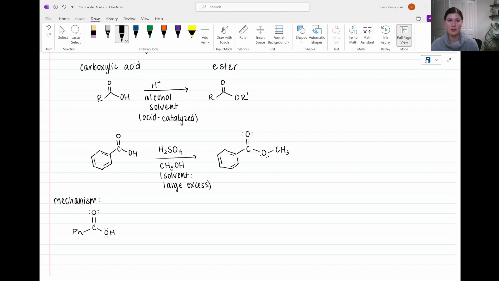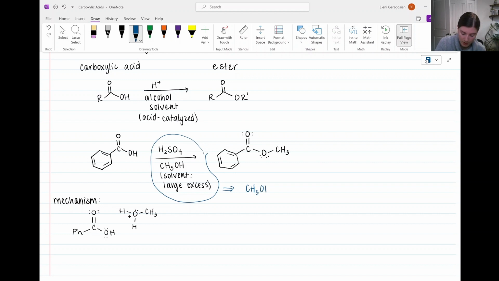And so for the first step, when we are showing that the carbonyl oxygen gets protonated, that will be shown with protonated methanol, because this is a better proton donor. Let's just be a little bit more explicit. So all of this here implies that we have CH3OH and CH3OH2, positively charged oxygen, both of these are present.